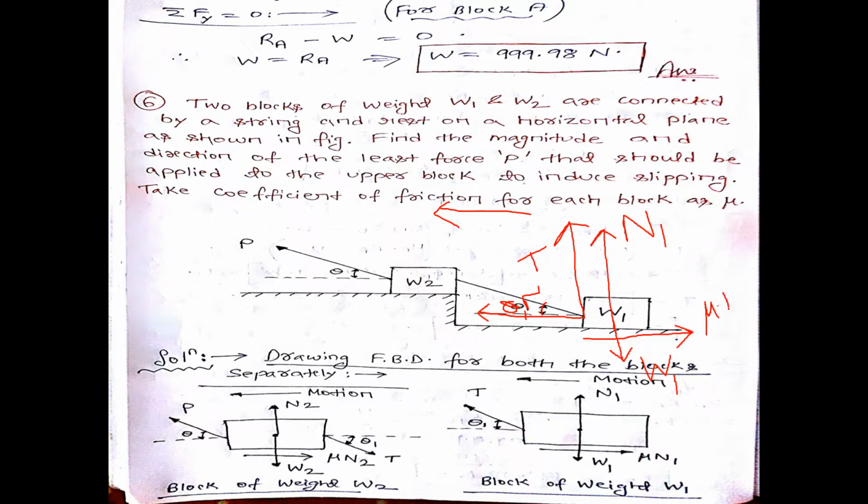The normal reaction for the first block is N1, and it is given in the problem that the coefficient of friction for both surfaces is the same, that is mu. So this is your FBD of the first block.